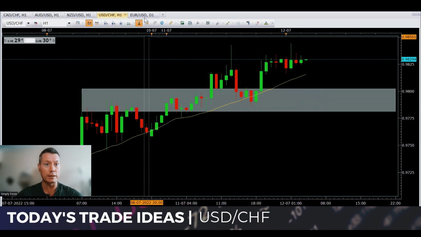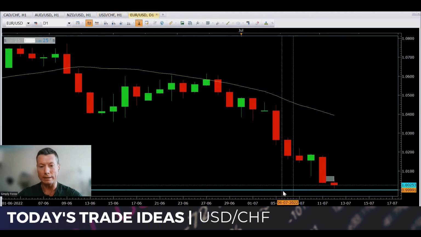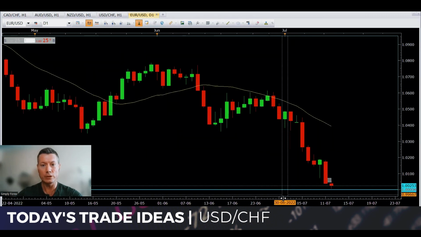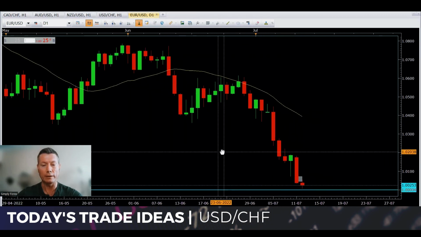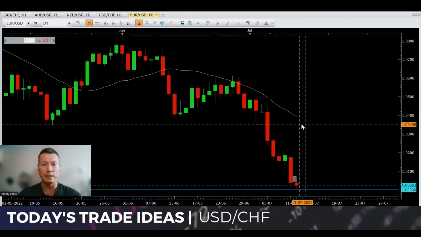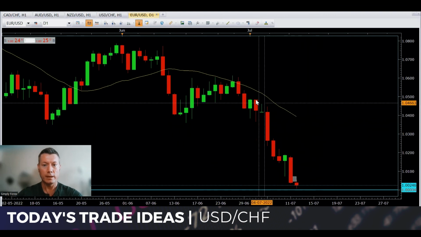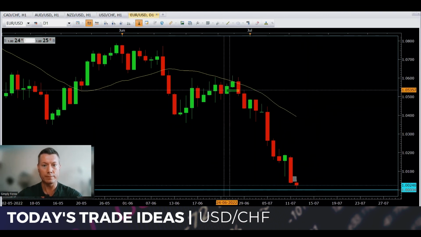I just wanted to give you a look at a US dollar pair that I wasn't willing to trade. So this is the euro against the US dollar. Why was I not willing to trade this? Firstly, it's so oversold, as you can see, guys, it's come all the way down here. It's nowhere near the moving average 20, this yellow line here.